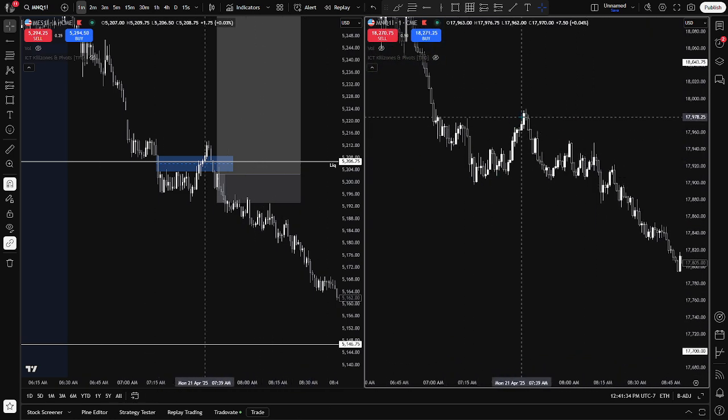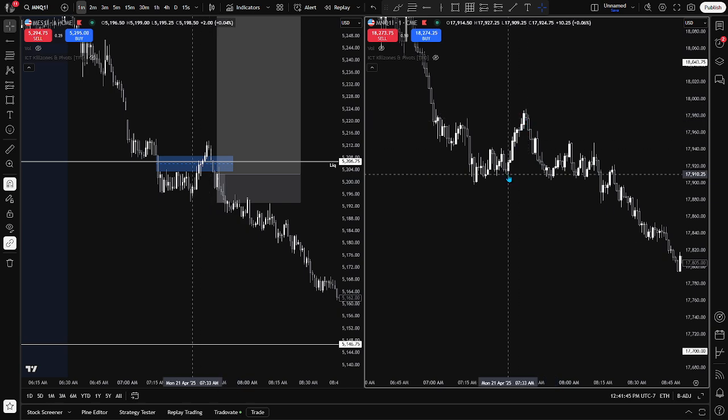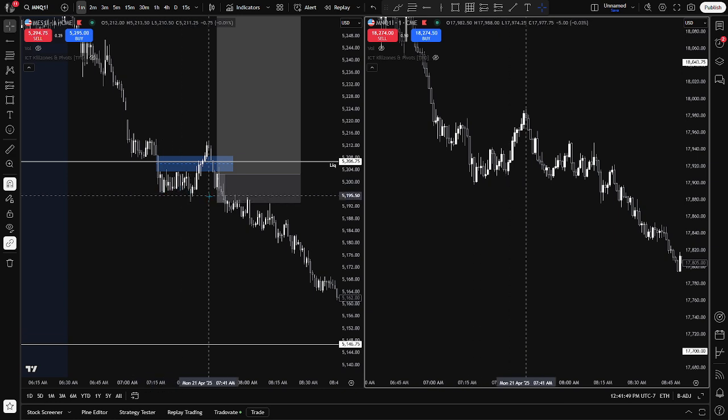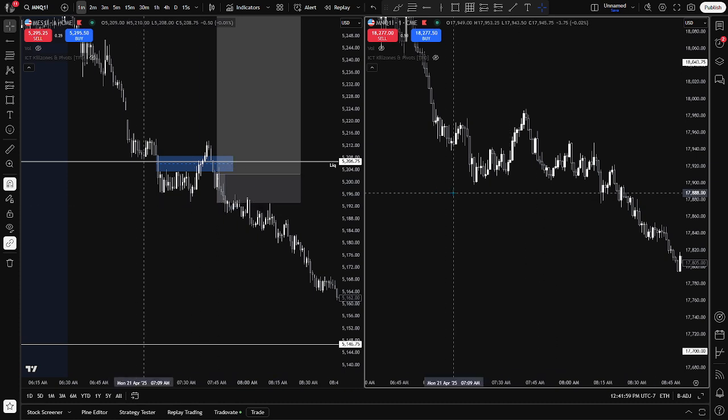So I took it on ES, but we did have a change in the state on NQ, which is why I took it, because this isn't a change in the state. And then we also had this SMT right here. This swept these lows, while on NQ we didn't sweep those lows. So that's why I took the trade. It followed my rules, so I'm not mad.